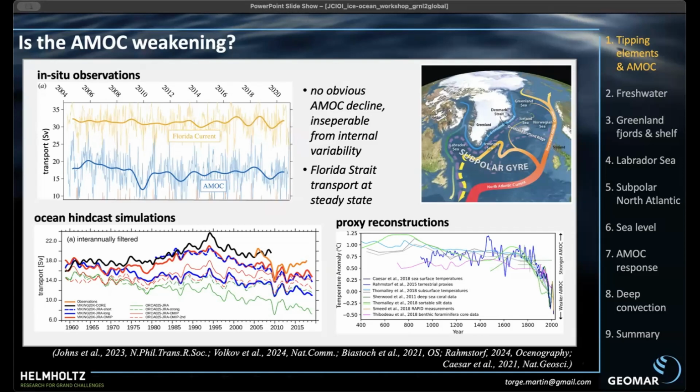Since then, the system has been declining until today. The open question is how much of this decline is just a settling from this internal variability peak, driven by air-sea interaction and massive heat loss, and how much of it is a decline under global warming, adding fresh water to the subpolar North Atlantic.